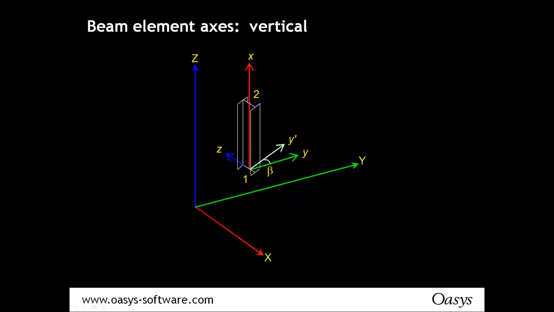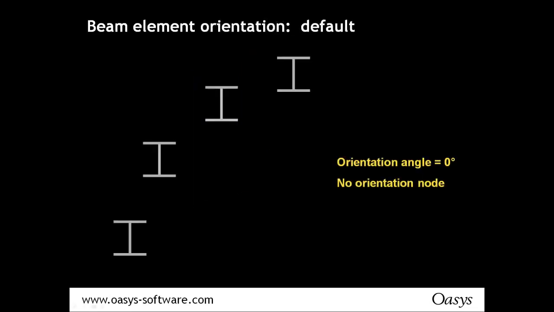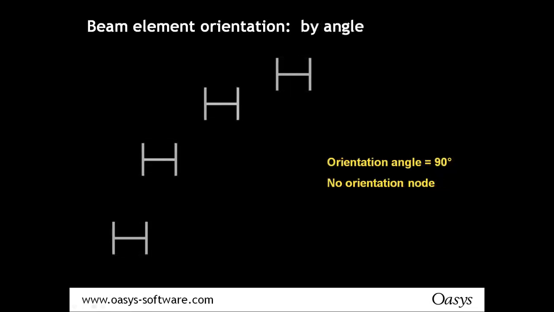Now you might see on the diagrams mention of rotation. Rotations of elements can be set by two methods: the orientation angle and the orientation node. Here are 4 beams with no orientation at all, and here we've set a 90-degree angle onto those.